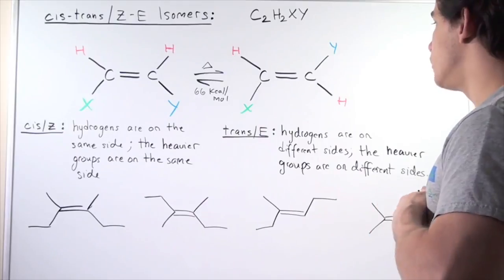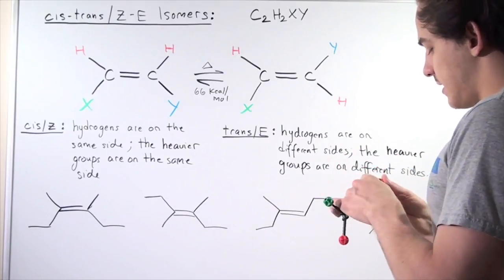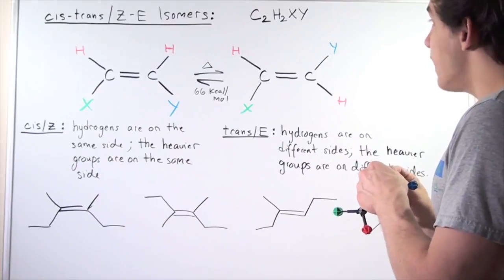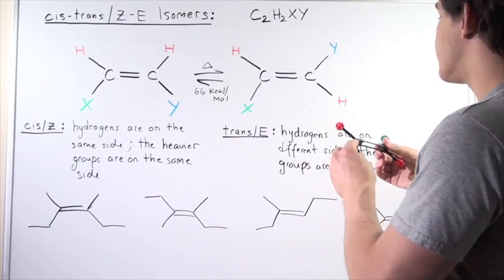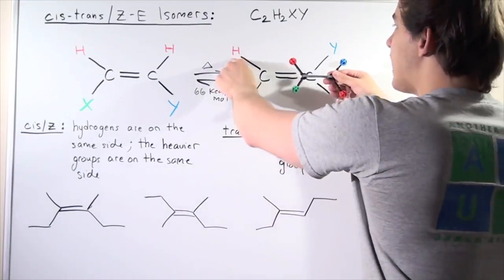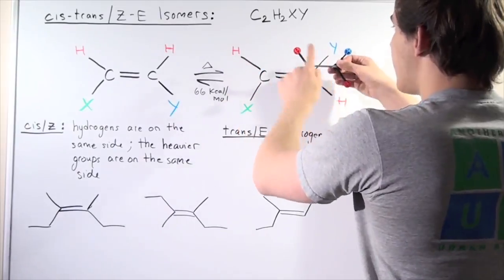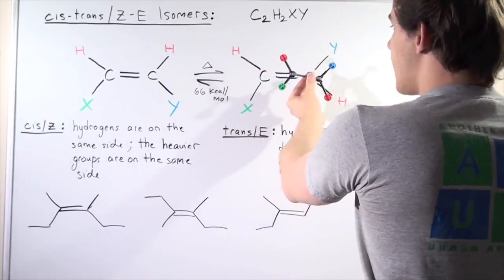In this molecule, the H's are on opposite sides, and the X and Y are also on opposite sides. So we have the two H's being on different sides, and we have the Y and the X also being on different sides.